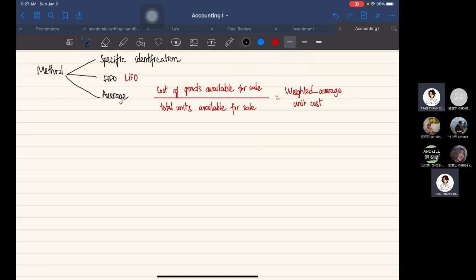The last one I'm going to talk about is inventory error and its effect on the income statement.